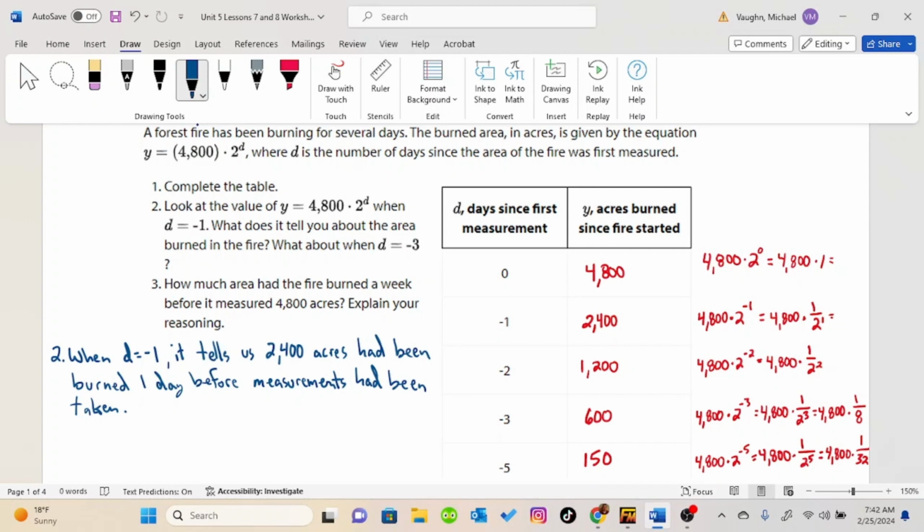What about when d equals -3? Well, when d equals -3, there had been 600 acres burned.